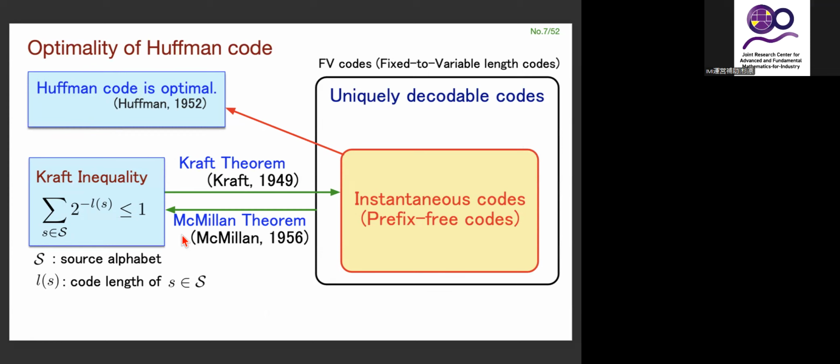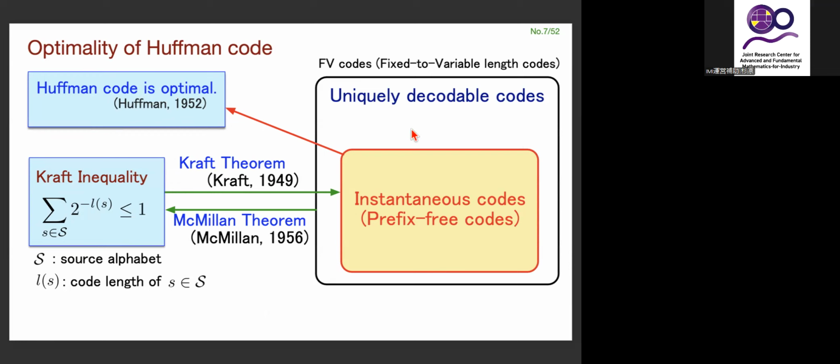And McMillan proved that if a code is uniquely decodable, then the code length of the code must satisfy this Kraft inequality. Furthermore, Kraft proved that if a code length satisfies the Kraft inequality, then there exists an instantaneous code that has this code length.